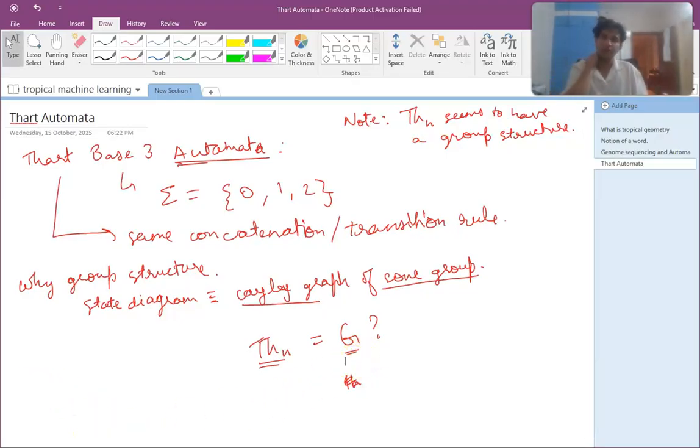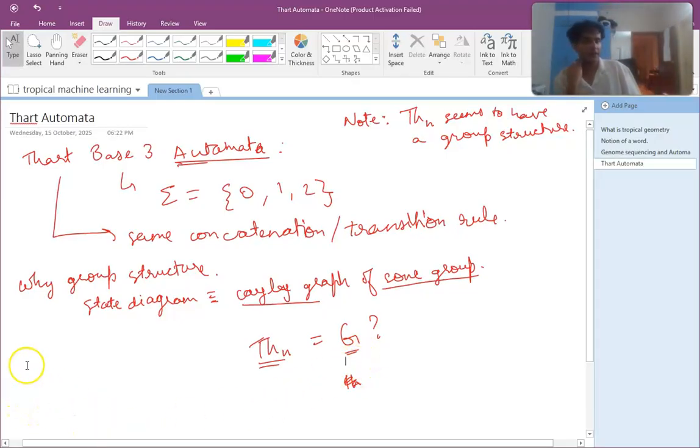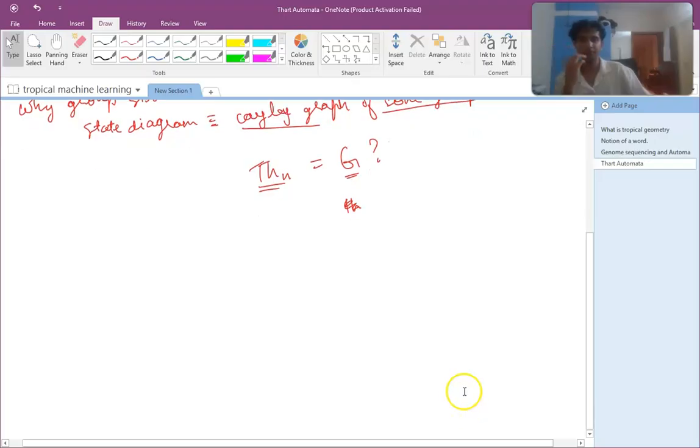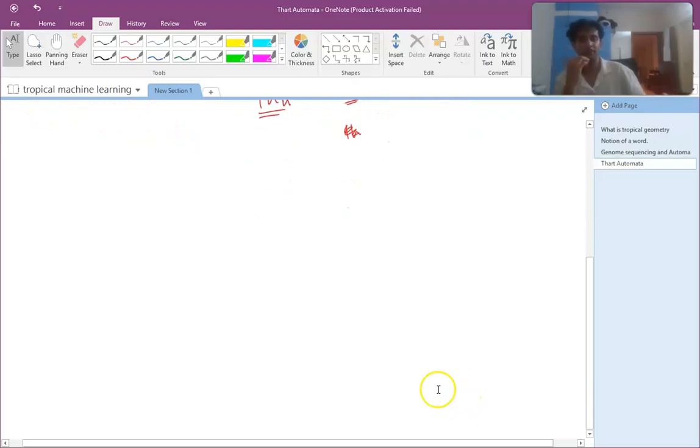Anyway, regardless of why we want a group structure, we're going to forget that we even talked about groups at all, and start worrying about the third base 3 automata.